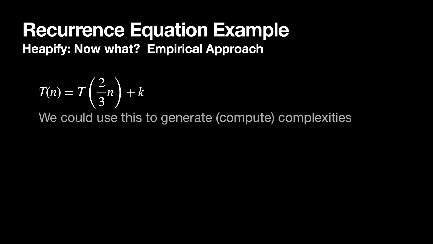So we can use this to generate some computational complexities. To take this one step further, we'll expand this example by looking at a spreadsheet that does the computation for us, and then we'll also graph out the complexities, and we'll see a familiar pattern.